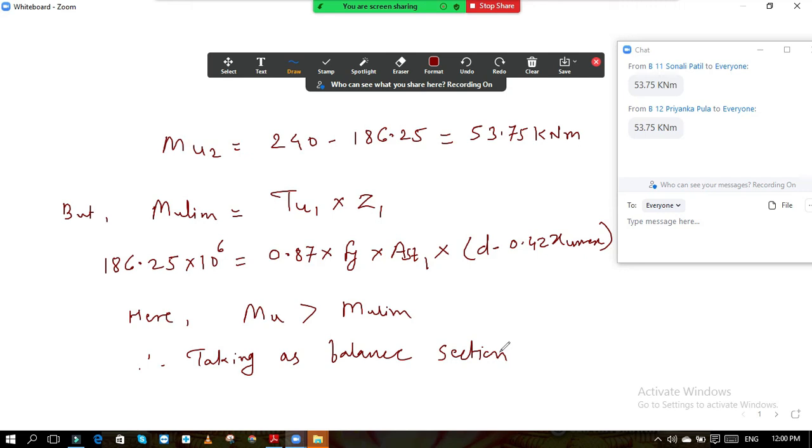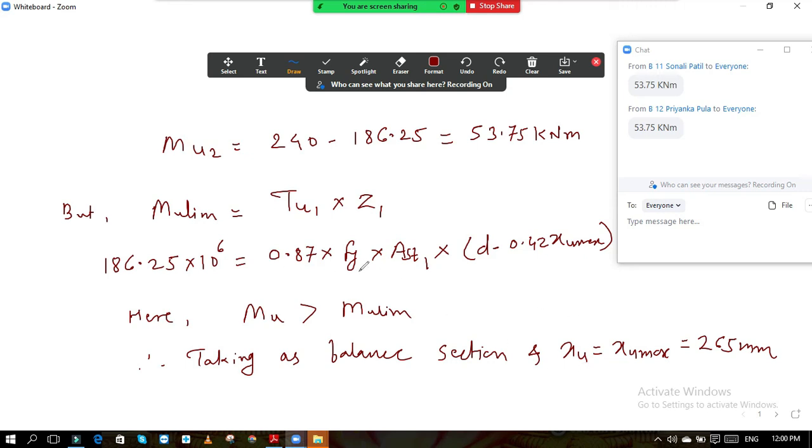Similarly, MU greater means XU is greater than XU limiting. But when XU is greater than XU limiting, we take it as a balanced section, and XU must be equal to XU max, which is 265 mm. This we have already done in the previous numericals also. There is nothing new in this.